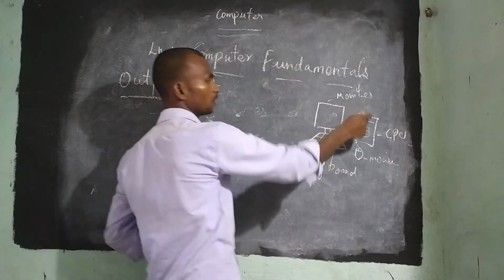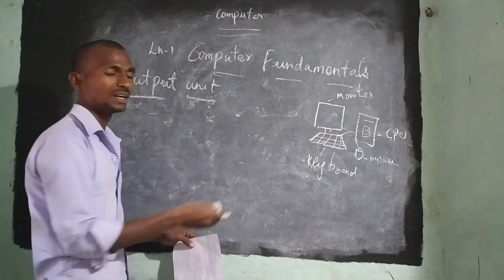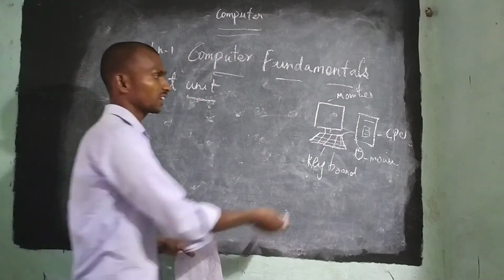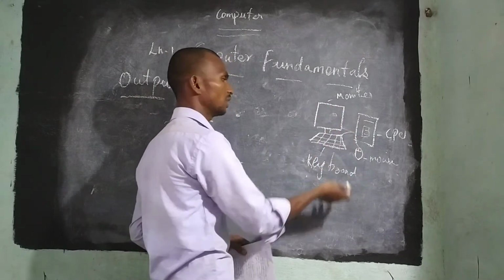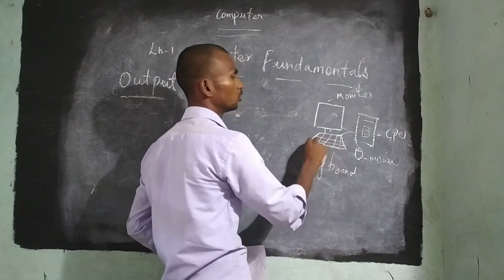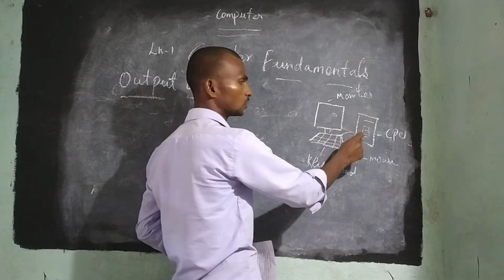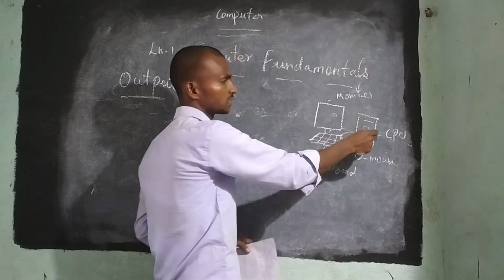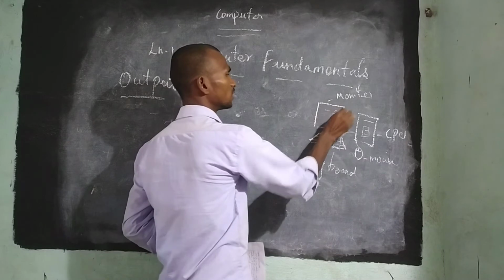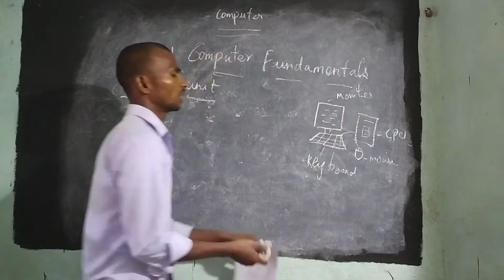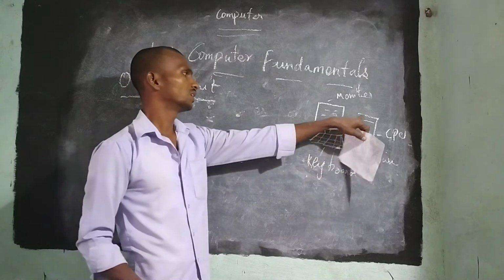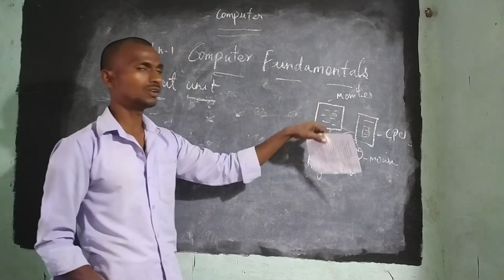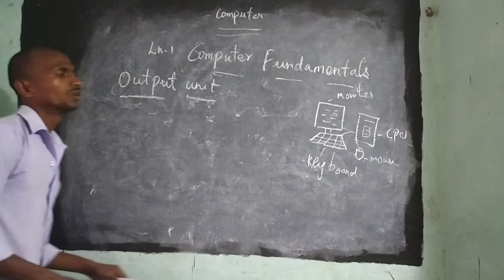The CPU is the major part, the main brain of the computer, so it does the entire job. If you give input through the keyboard, first it goes to the CPU, which does the process, and it shows on the monitor. In the same way, when we use the mouse, first it is instructed by the CPU, then it shows on the monitor.